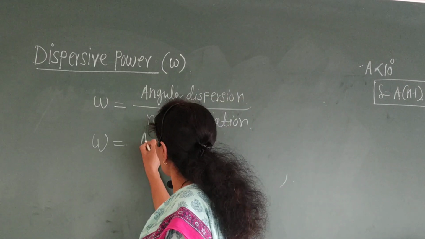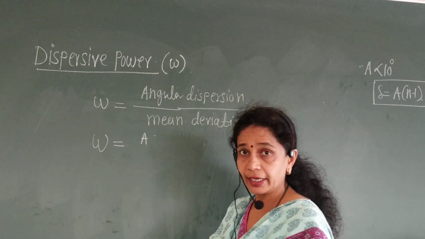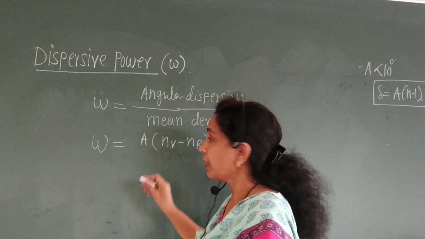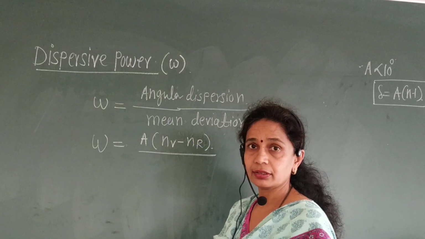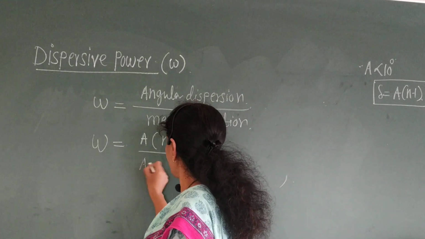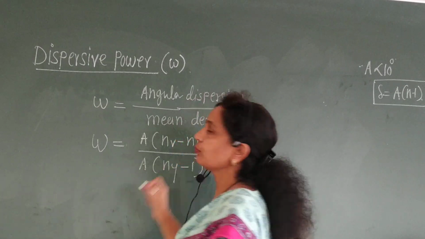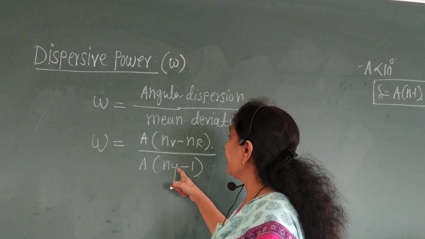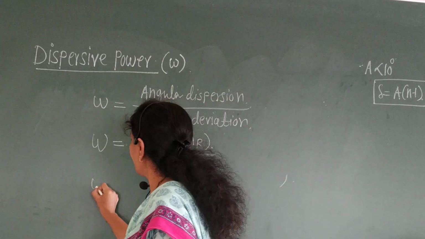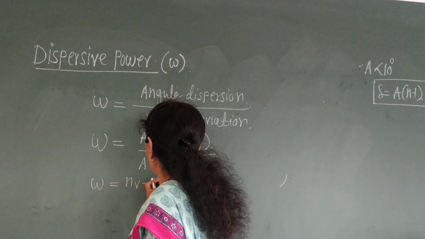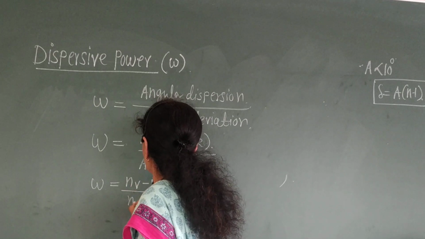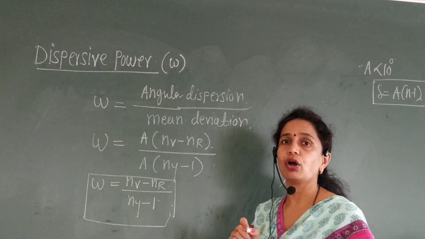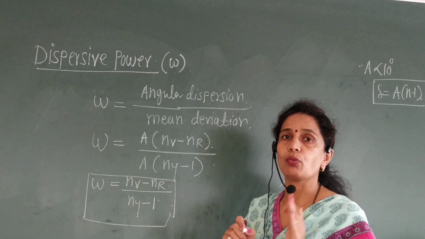Just we have obtained the formula: A into (nV minus nR), upon mean deviation, which is A into (nY minus 1). Mean color is the yellow color and its deviation is A into (nY minus 1). Okay, therefore omega is equal to (nV minus nR) upon (nY minus 1). This is the expression for dispersive power omega.